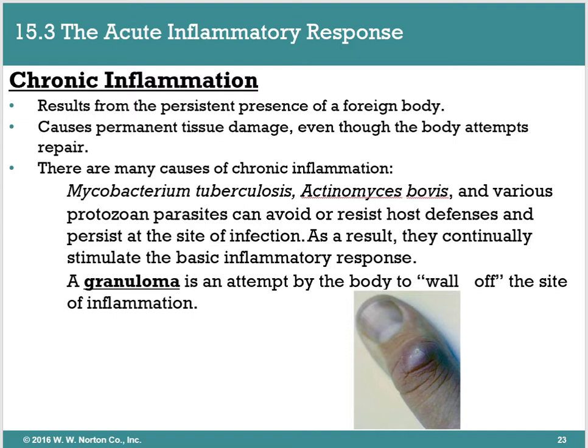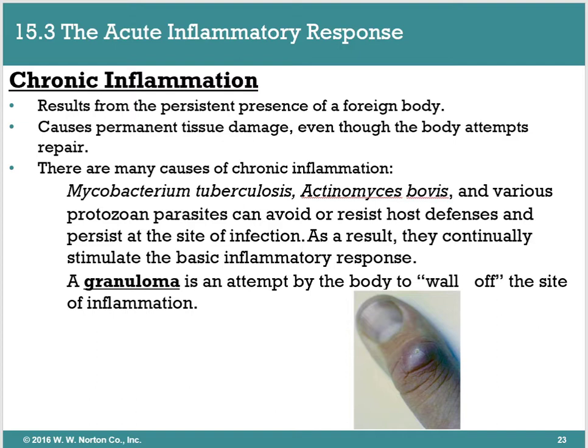The reason why these guys are very good at causing chronic inflammation is because they can avoid or even fight off our immune system. And with them being able to fight a good fight, essentially, they will cause harm to the body, and a lot of times inflammation is the result.